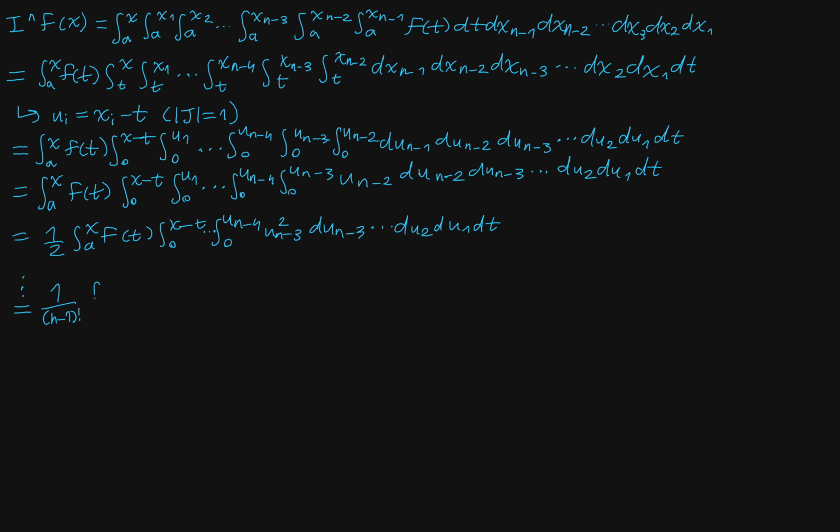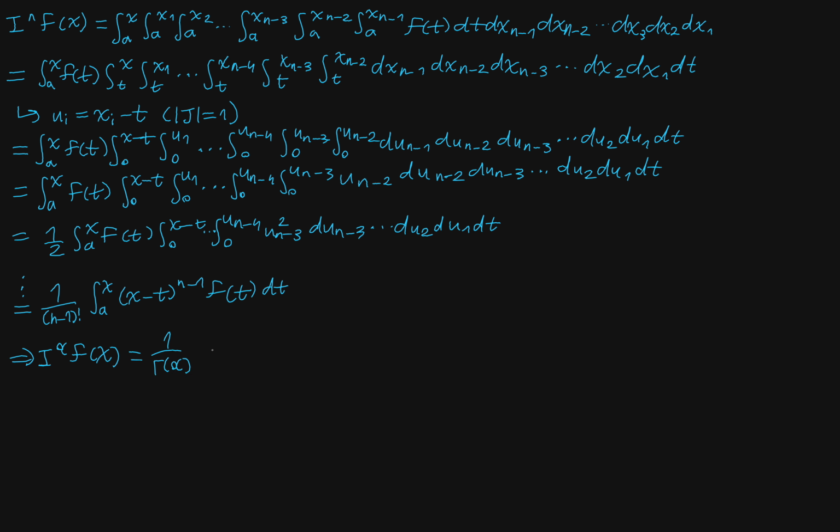So our formula is the integral from a to x of x minus t, this is from this part right over here, to the n minus 1 times f of t dt. Okay, so this is our definition of the fractional integral, and a straightforward way to generalize it for the alphath integral, the fractional integral, we can just use the gamma function now.